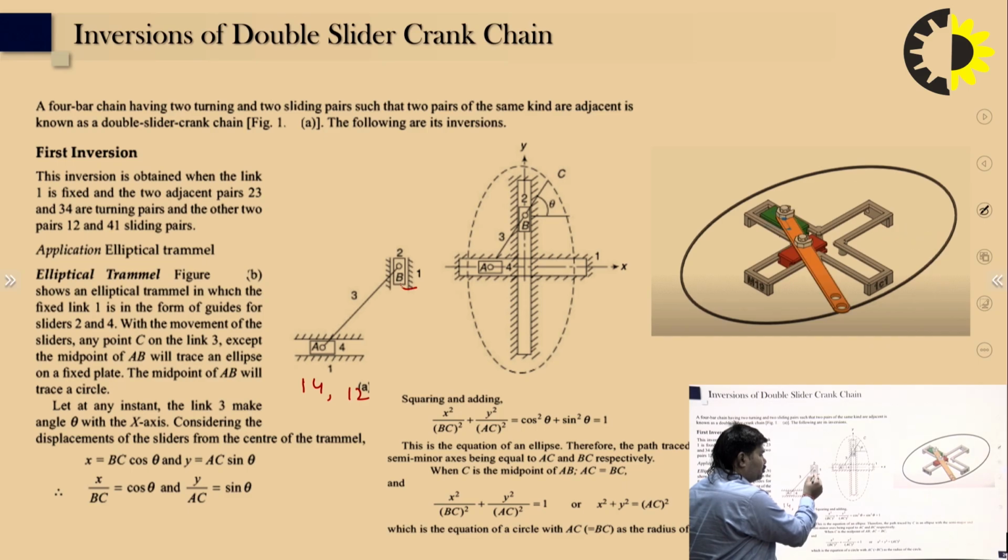One is connected to 2 and one is connected to 4, that is called a sliding pair. So there are two sliding pairs.